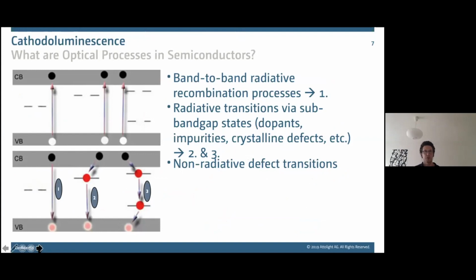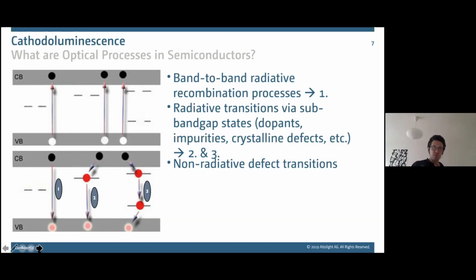So, optical processes in semiconductors. I'm pretty sure that most of you are familiar with these concepts, but yet I think it's interesting to do a little bit of a brush up. When you excite a semiconductor material, typically you excite electrons from the valence band to the conduction band, and you have an exciton that's been created, right? And this exciton can recombine either radiatively, meaning it emits a photon as it recombines, or non-radiatively.